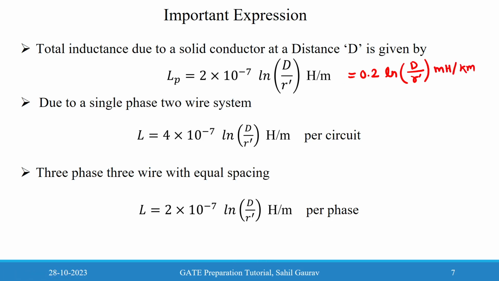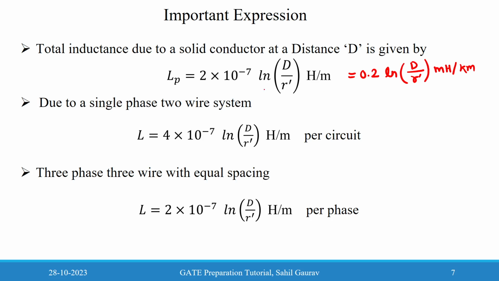Just remember one expression. If you remember this expression, that is also fine. But just know in which unit the question has been asked, Henry per meter or milli Henry per kilometer, and whatever you get, use that.